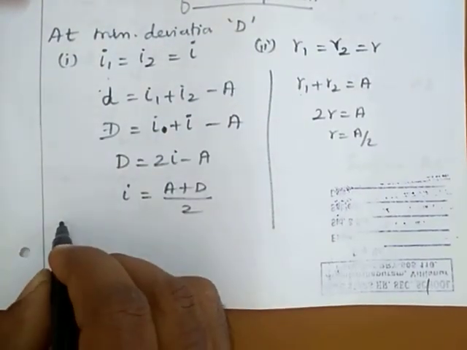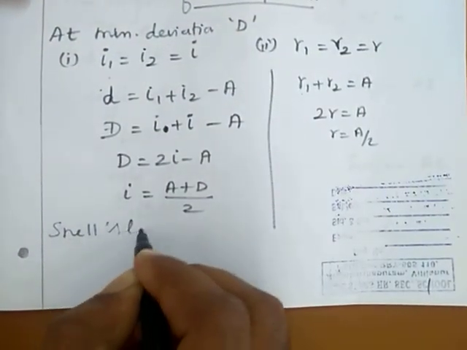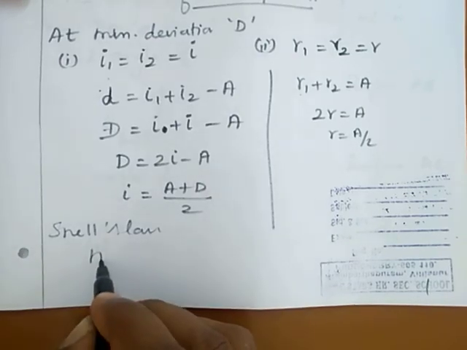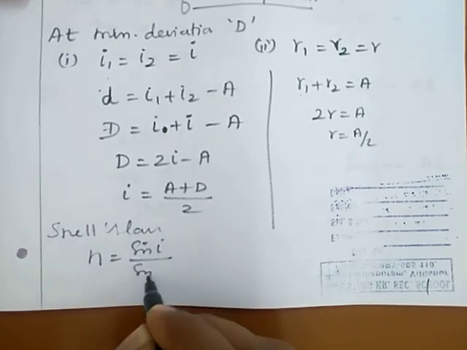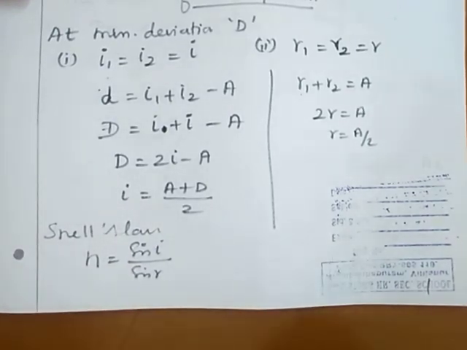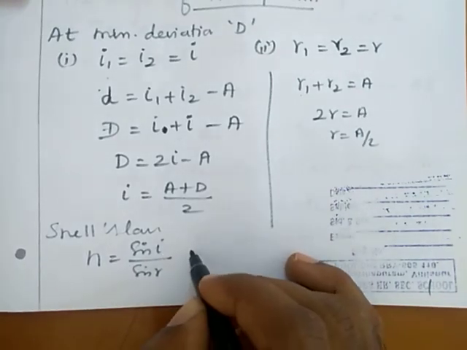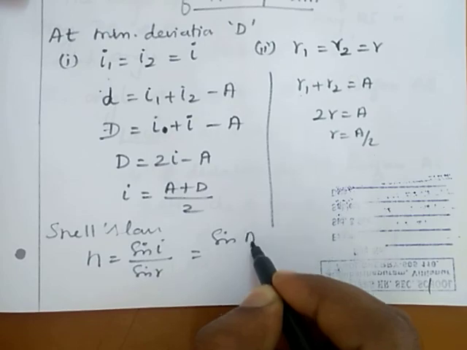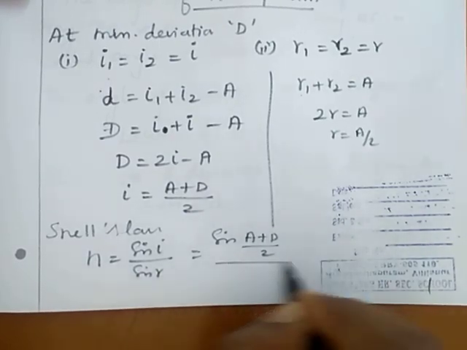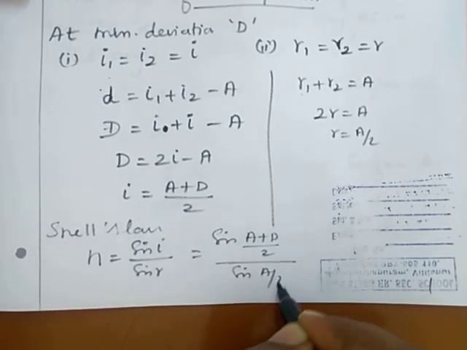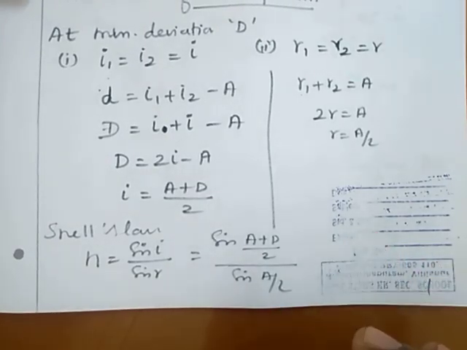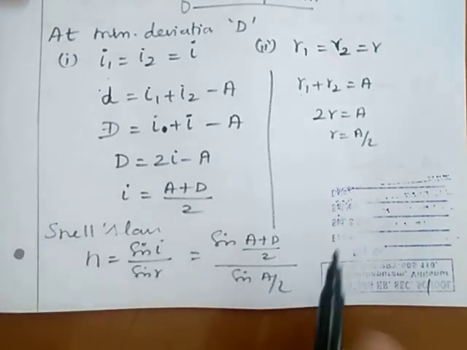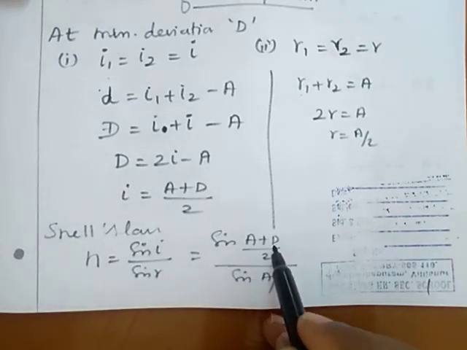The refractive index of the material of the prism n is equal to sin I by sin R, where I is A plus D by 2 and R is A by 2. Using this expression we can find the refractive index of the prism by knowing the angle of incidence and the angle of deviation.